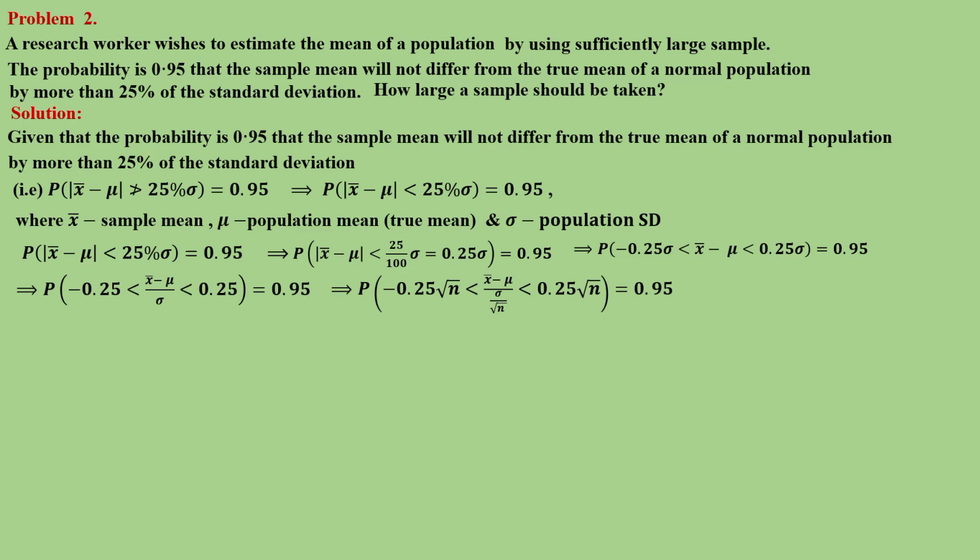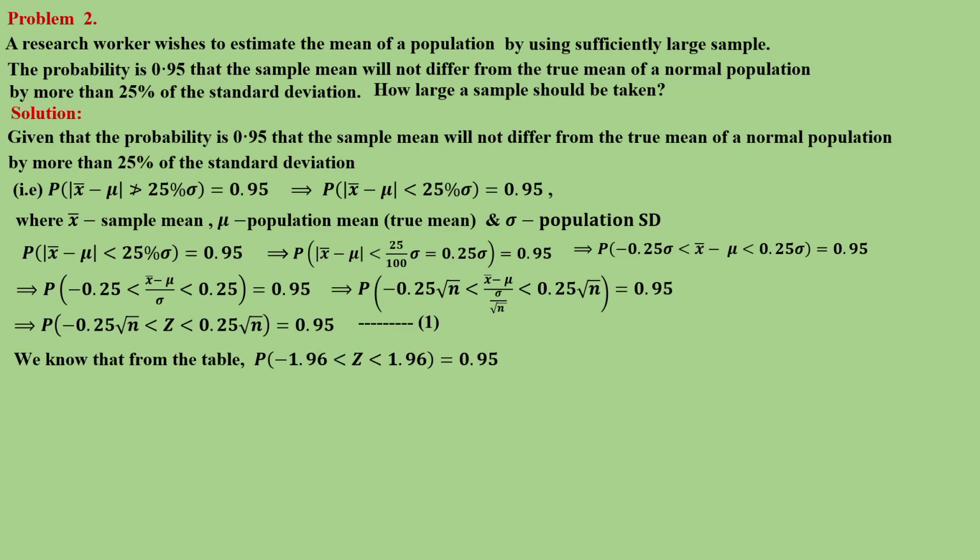Now x bar minus mu by sigma into root n can be written as x bar minus mu by sigma by root n, taking the reciprocal of 1 by root n in the denominator. We know the test statistic z is equal to x bar minus mu by sigma by root n. So replace that: probability of minus 0.25 root n less than z less than 0.25 root n equals 0.95. That is equation number 1.